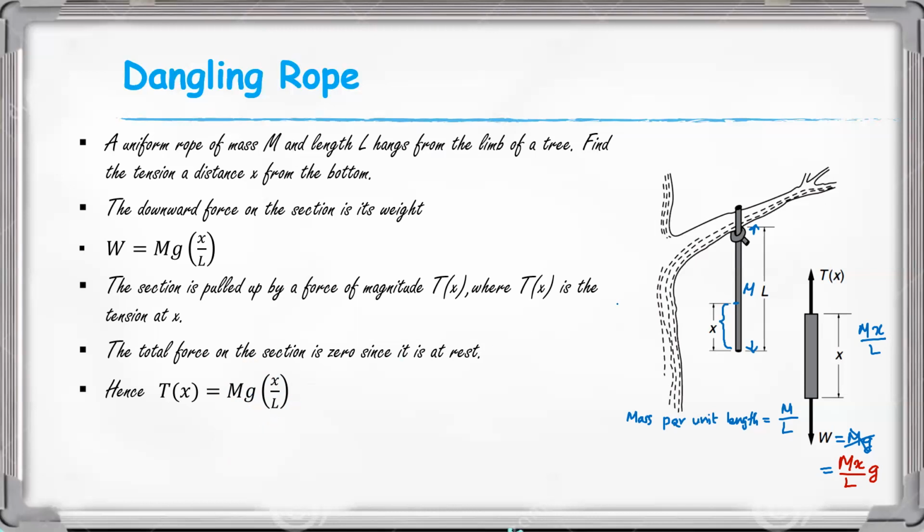That means the tension is different at different points. Okay, at x it is mgx by L. I take another point, let it be some y.